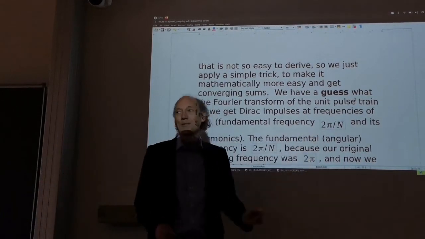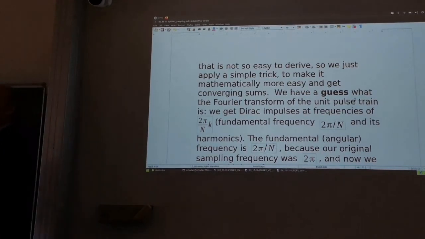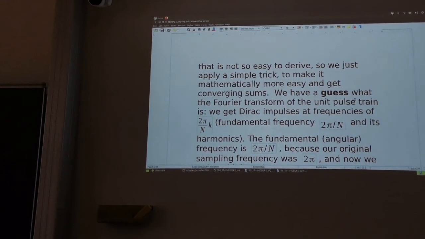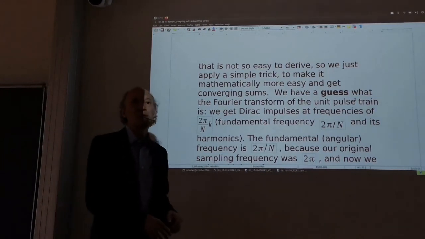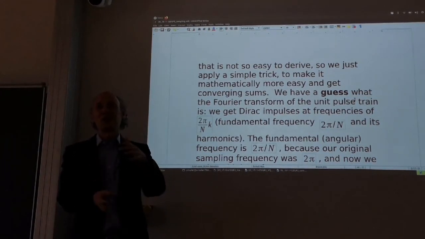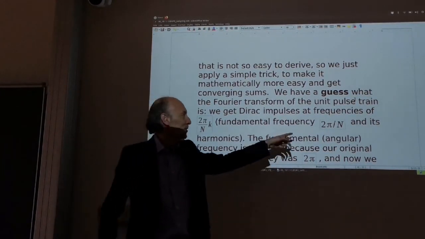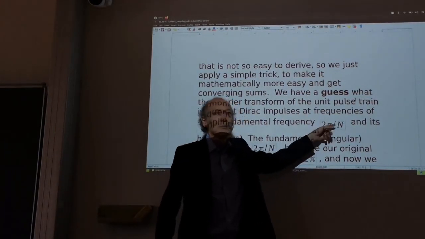So why 2 pi over N? You have to guess. Do you have a guess why I came to this guess? Yes, exactly. 2 pi is the original sampling rate. We downsample by N, so the new sampling rate is 2 pi divided by capital N.